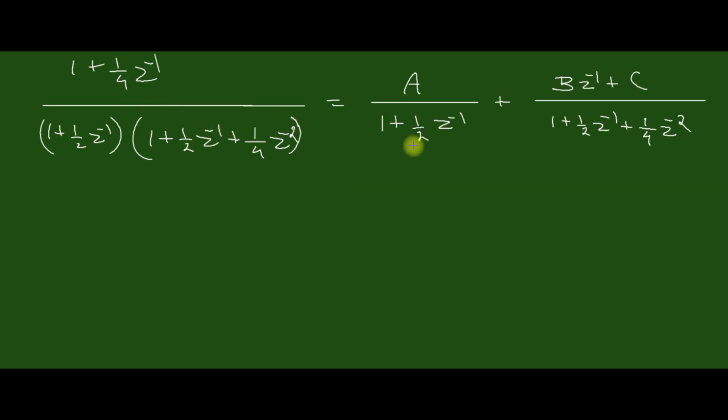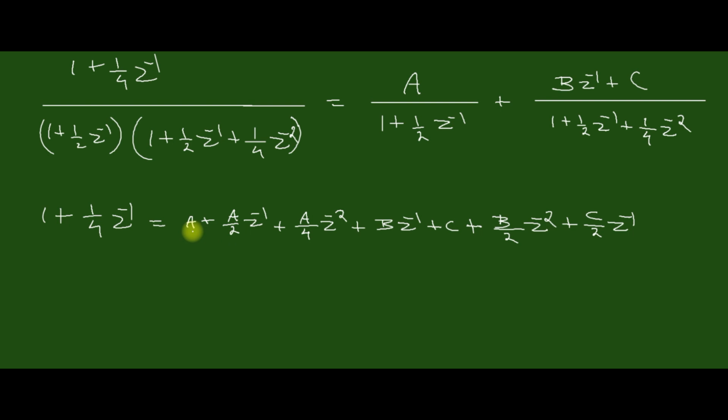Now equate the numerator, from which we can determine the constants A, B and C. For that we cross multiply and equate the numerator. Equating the constants, the coefficient of z inverse and the coefficient of z raised to minus 2, we get A plus C equal to 1.